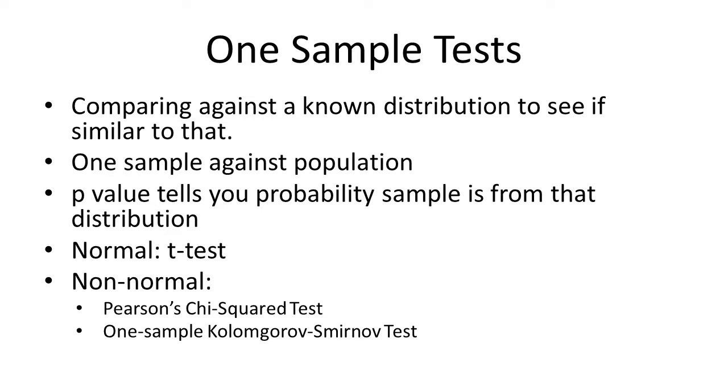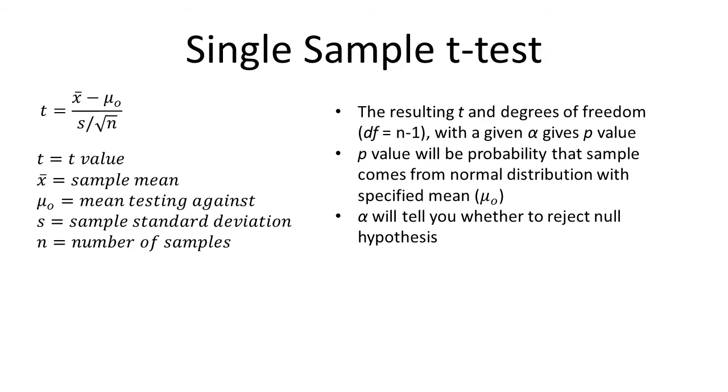And so what you get is a p-value, which tells you the probability that, given a distribution, you would have gotten the sample that you collected. For normal data, tried and true is to go with the t-test. For non-normal, there are multiple ones, but two that I'm going to cover are Pearson's chi-square test and the one sample Kolmogorov-Smirnov test, or KS for short.